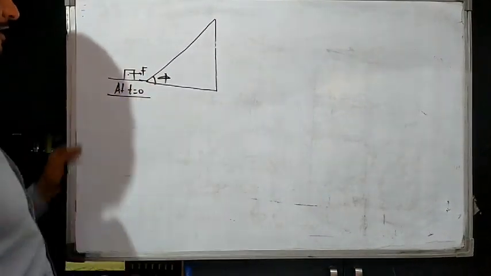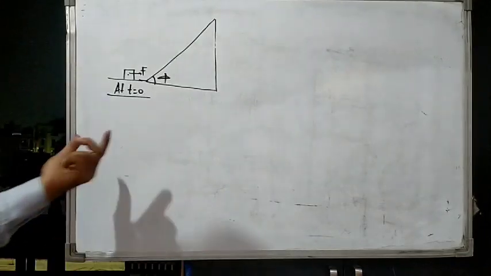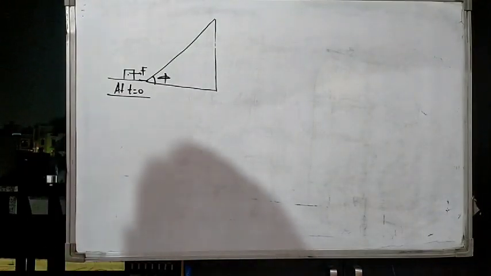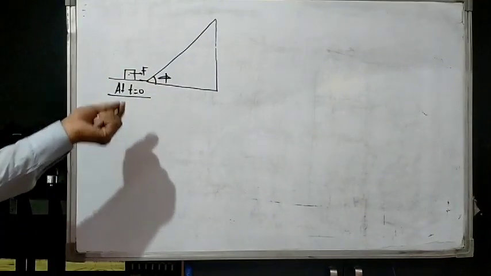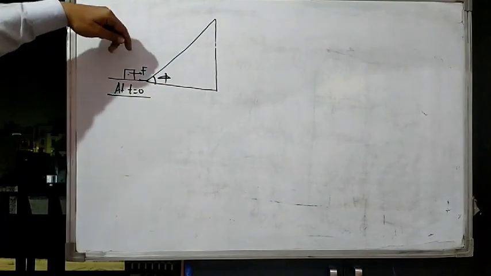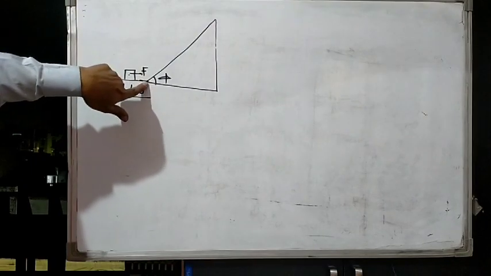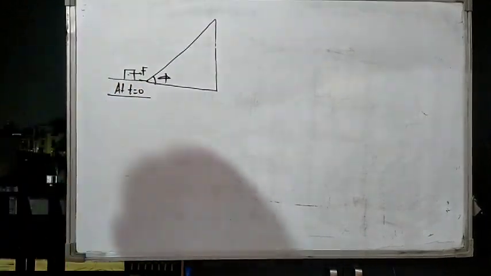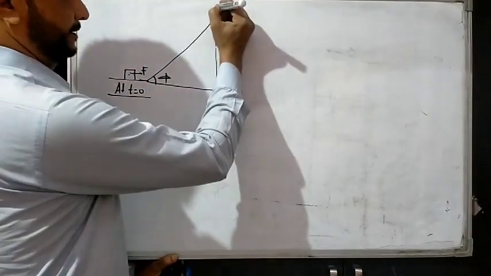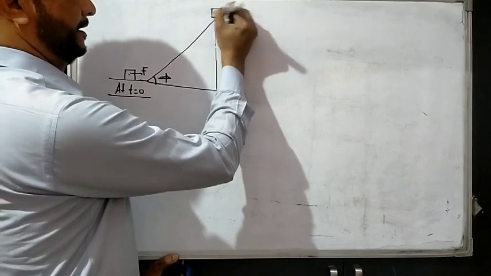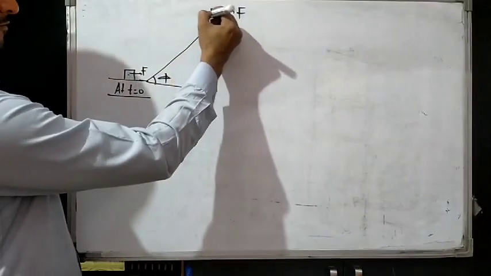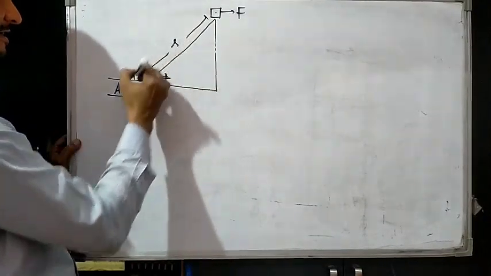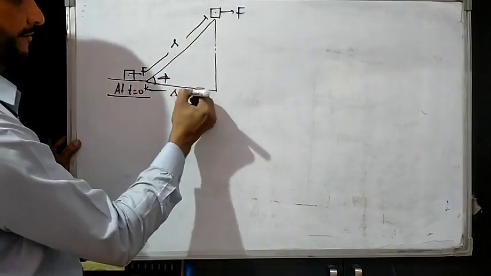It is not important here to take the time, but in my point of view, if you take the time simultaneously, then you can understand the concept very well. Suppose that when we start dragging this block at the edge of the plane, the time is t, and after time t, this block is here. So if this is the distance s, then you can write it as s cos phi.